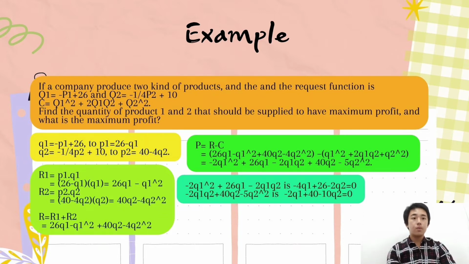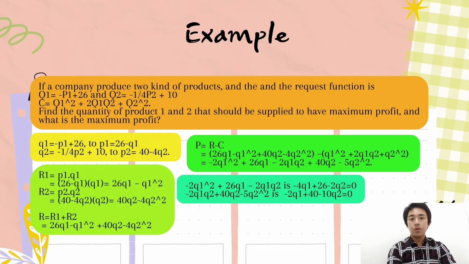We do this with the partial derivative, where we focus on one variable and then we focus on the other one. For this scenario, we focus on Q1 and Q2. First, we look at Q1. The derivative of negative 2Q1 squared plus 26Q1 minus 2Q1 Q2 is negative 4Q1 plus 26 minus 2Q2 equals 0.